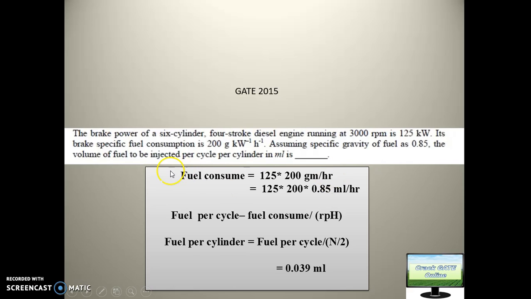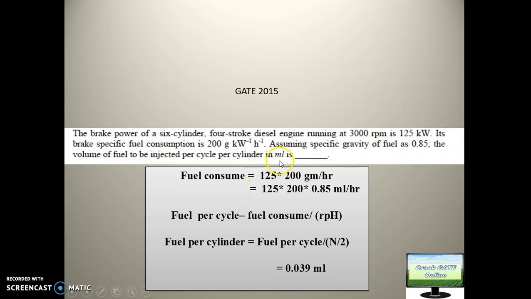Now the question is asking the amount in ml. They are not asking about the weight of the fuel, but they are asking about the volume of the fuel. So you will need to convert mass into volume. For that, you can see here the specific gravity of fuel is given.